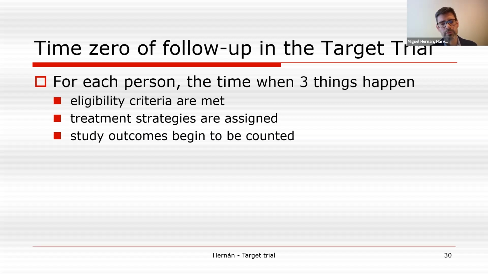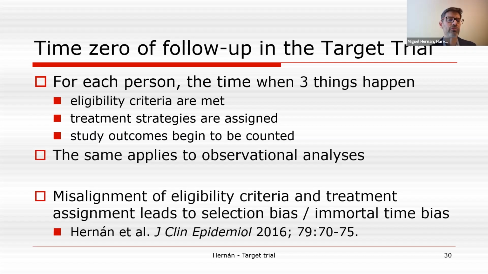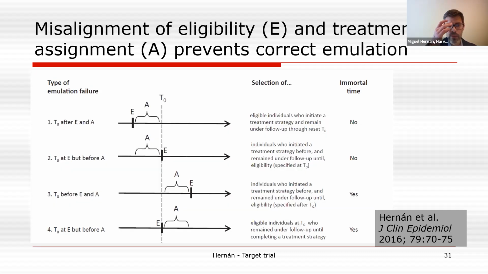That's obviously what time zero is in a randomized trial, in a target trial. Therefore, if we are doing observational analysis, we have to use the same definition of time zero. Otherwise, we run into problems like what I just described for hormone therapy or for statins and cancer. In those studies, there was a misalignment of the eligibility criteria and the treatment assignment, which leads to selection bias or immortal time bias.